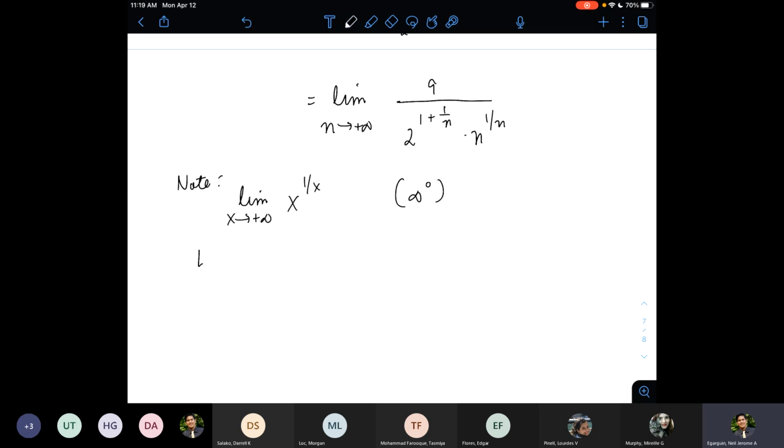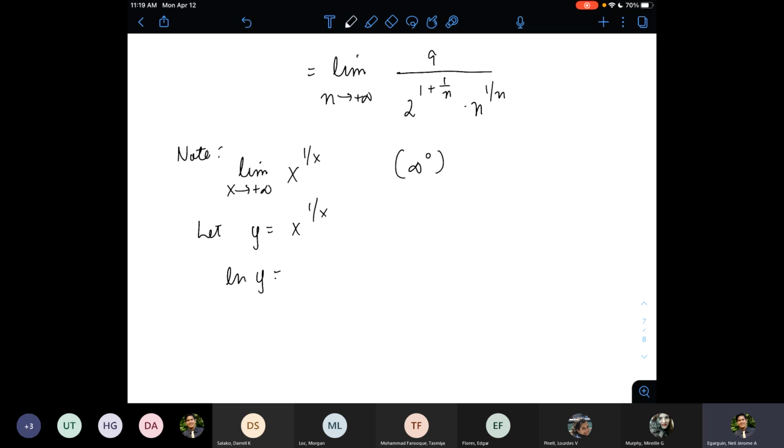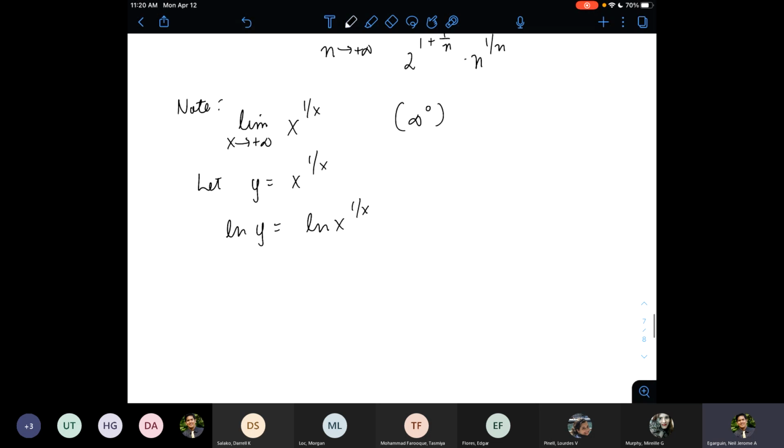Now what we do there is to let y be equal to x to the 1 over x, right? Take the ln of both sides. And then we'll have ln y equals 1 over x ln x, right? And take the limit as x approaches infinity.